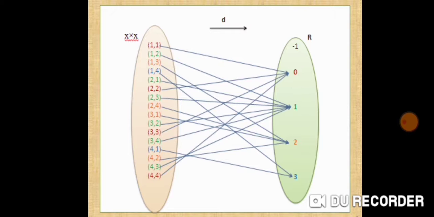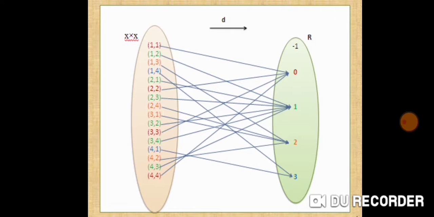Consider (2, 1). (2, 1) maps to 1, and (2, 3) maps to 1 and (3, 1) maps to 2. Therefore, d of (2, 1) is less than d of (2, 3) plus d of (3, 1), since 1 is less than 1 plus 2. 1 plus 2 is 3.